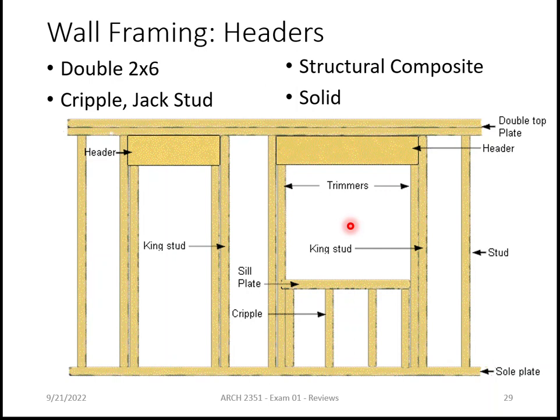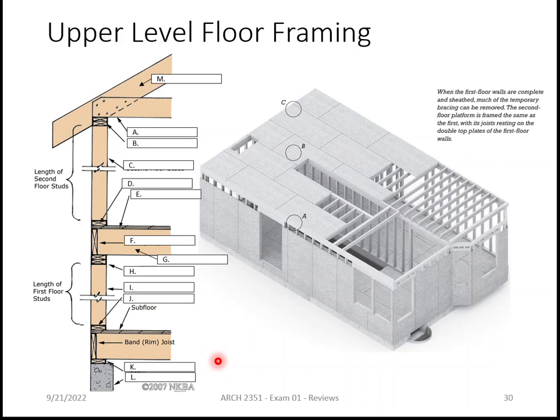Here's an example. Here's a wall section, right? And you'll see in your slides, the names are there. I blanked over them. So you'll have wall section diagrams like this.